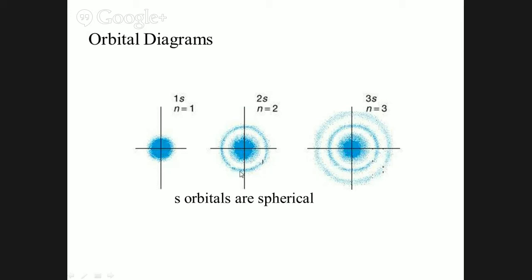When I get to adding a second or third shell, now those electrons are at a greater distance from the nucleus, but they still basically could be anywhere within a spherical shell from that nucleus. Pretty simple for that one.